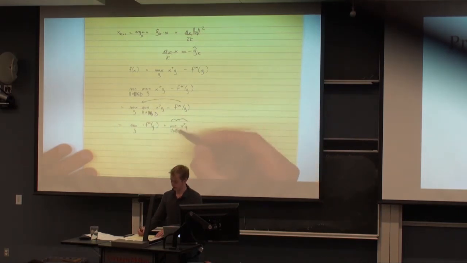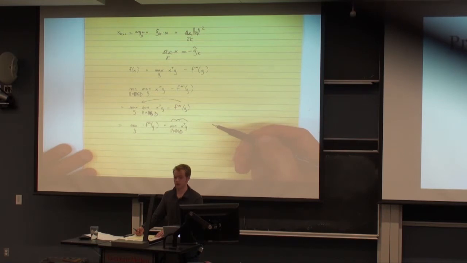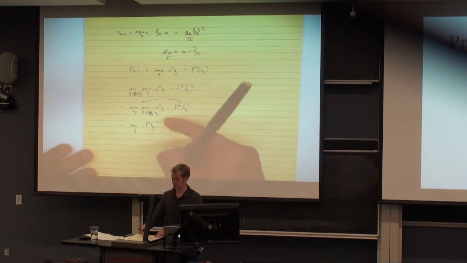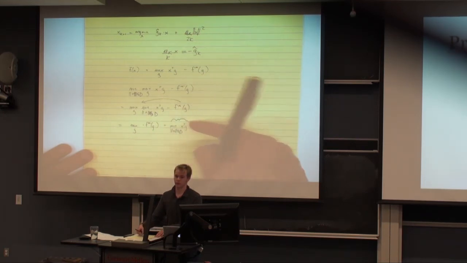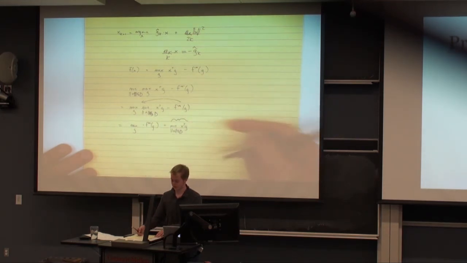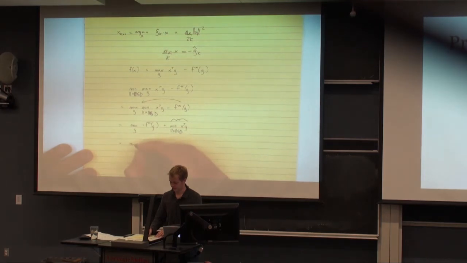So if we do a change of variables, if we basically take this d here and replace x with dy, say, right? Then I can basically multiply this by d and turn this into the dual norm. Should I write that out for people? Okay.